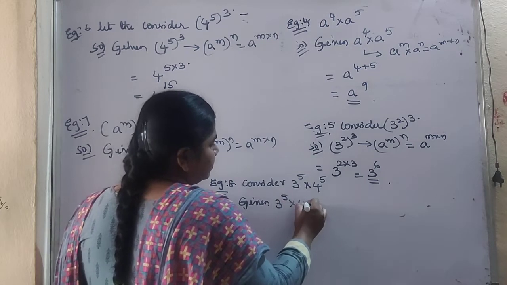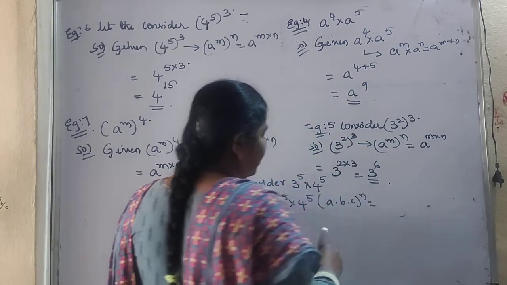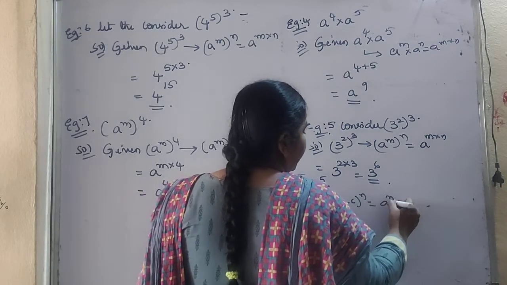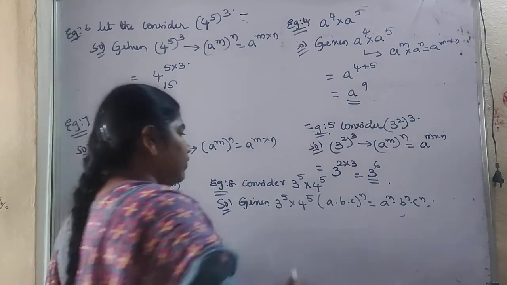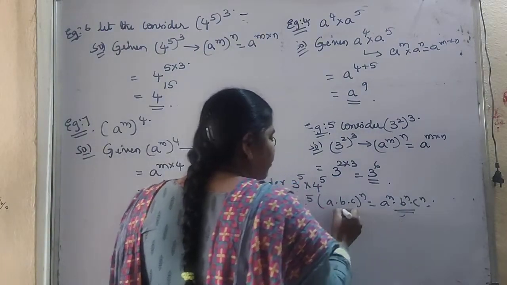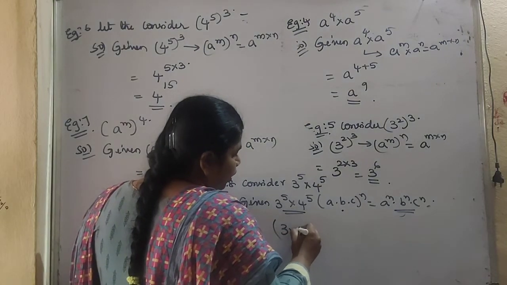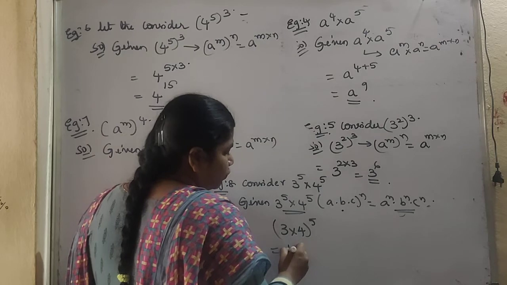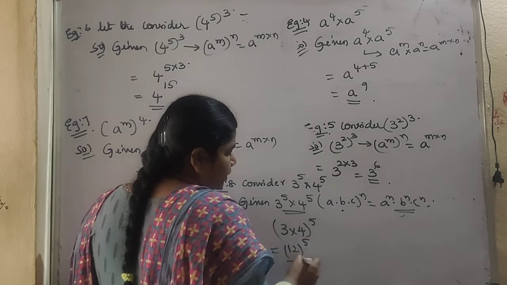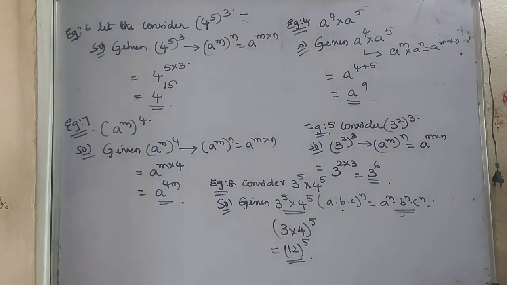What is that? a, b, c whole power n can be written in the form of a power n into b power n into c power n. They have given it in this form. We have to write it in the other form now. So we can write 3 into 4 whole power 5. 3 fours are 12. 12 power 5 is our answer.